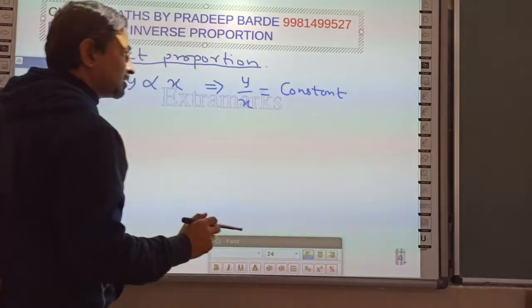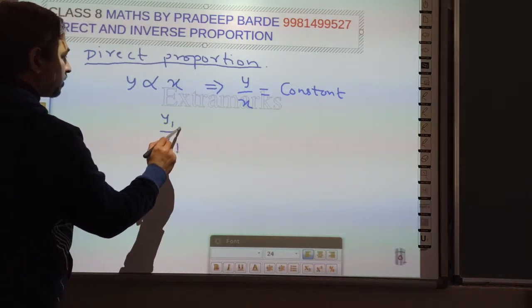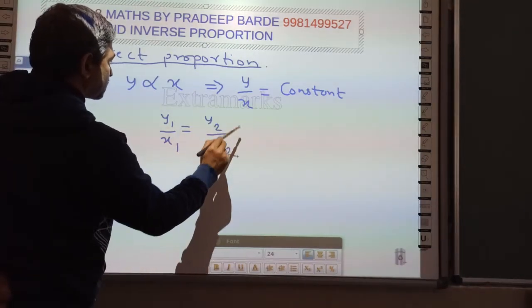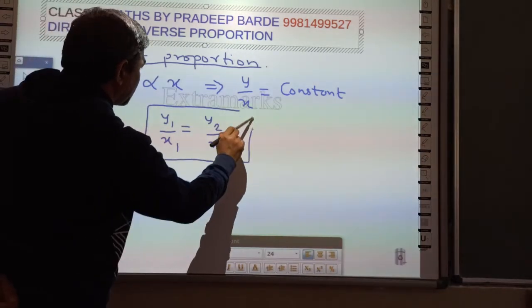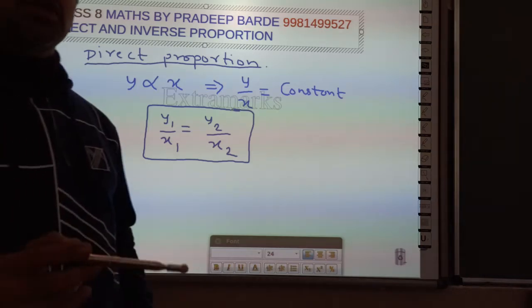That means we can take y1 upon x1 is equal to y2 upon x2, or we can take x1 upon y1 is equal to x2 upon y2. So this is the concept of direct proportion which we use to solve the questions.